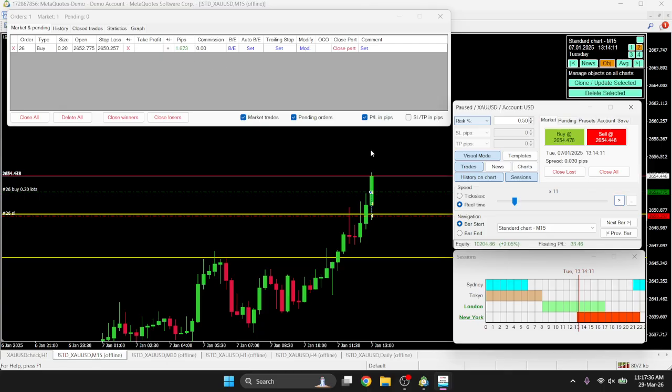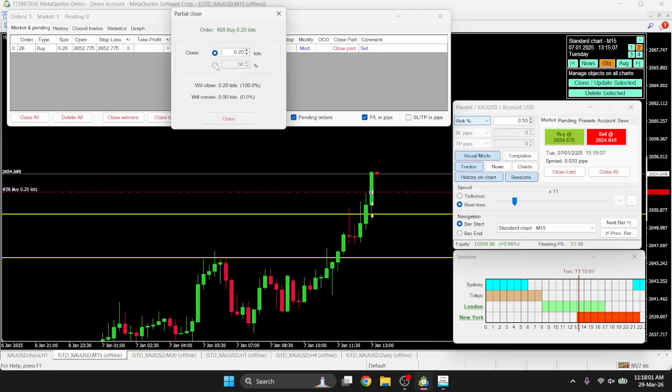Okay, we are right now at 19 pips, 16, 20. Okay, the previous candle just closed without any upper wick. That means the next candle has a 50-50 chance. It can move up or come back. So I'm moving myself to break even and closing 90% of my position.